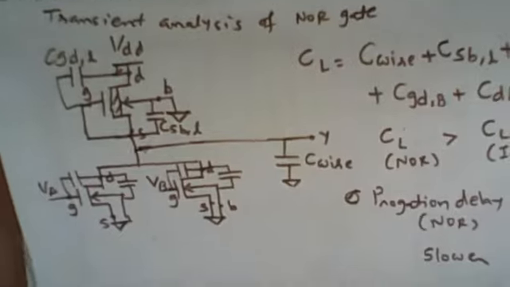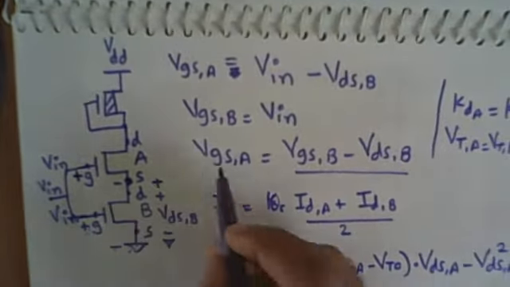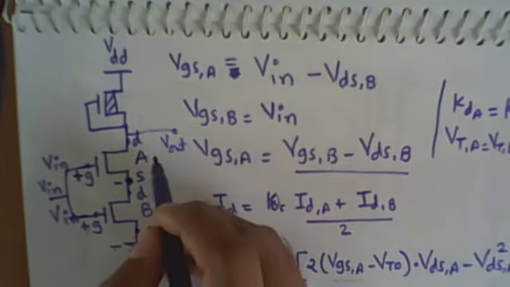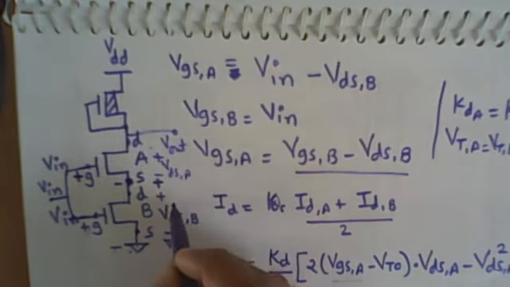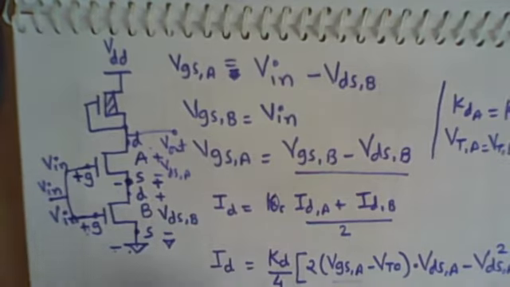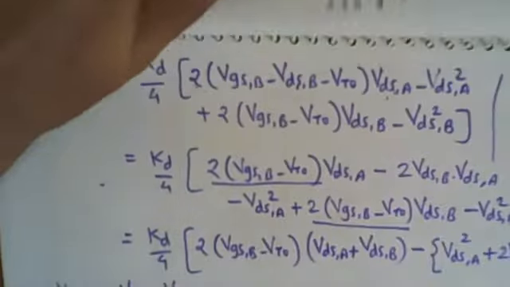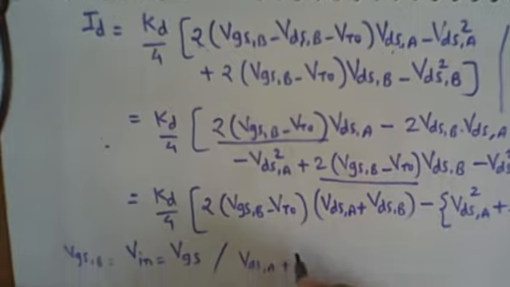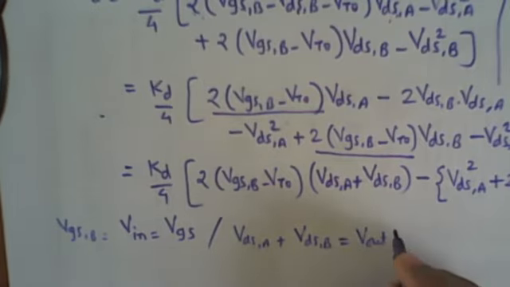Let's see in the circuit. In the output, if you see in the circuit, output is here, V out. So V out is nothing but the VDS of A plus VDS of B. Right? So VDS of A plus VDS of B, we can say it is V out or VDS.